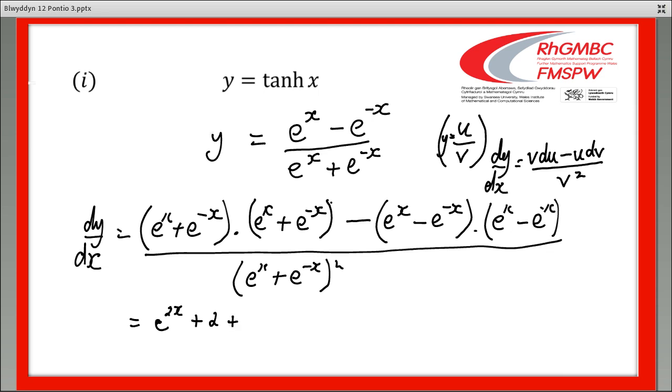And then plus e to the minus 2x. And then we've got minus e to the 2x plus 2 minus e to the minus 2x.